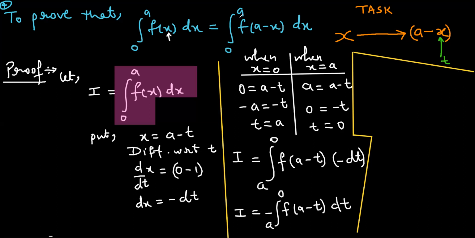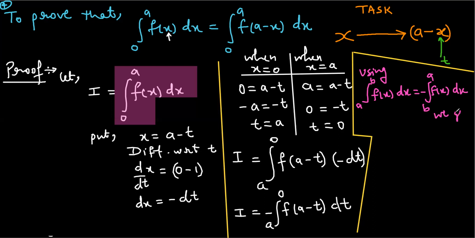So the next step I write here the property which I'm going to use: a to b f of x dx equals negative b to a f of x dx.